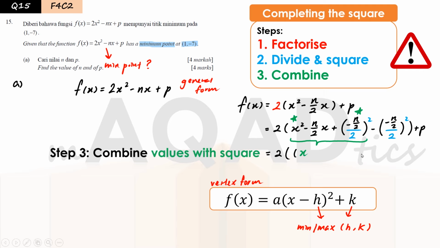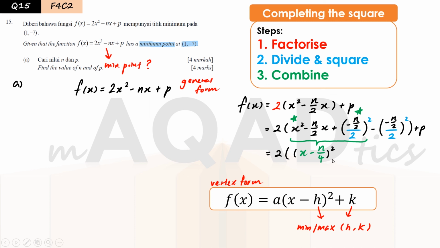Okay, so it means I'm going to take out the value of x here and the value here, which is negative n over 2 over 2, which would be negative n over 4. Alright, and I'm going to remain their square at the outside of the bracket. Okay, so these three values have been combined into this value.